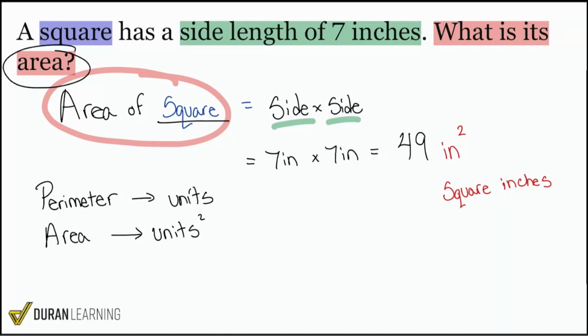And then, just for giggles, we're going to write in volume. Everybody, how many dimensions is volume? Isaiah, appreciate it. Yes, cubed. That's a 3-dimensional unit. So units cubed.